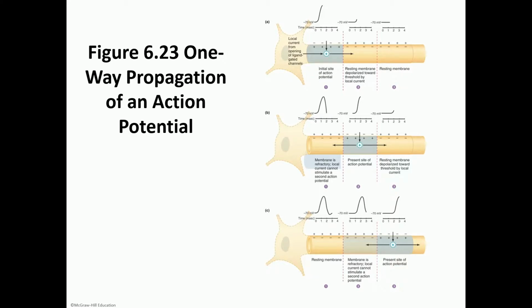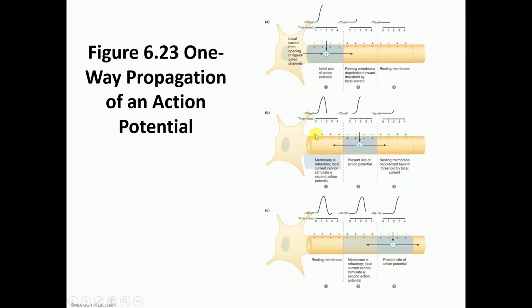So if you take a look at these three sections, A, B, and C, or 1, 2, 3, in area number 1, this is where the action potential will start, and then it will spread to area number 2. Area number 2 can either go back to 1 or go down to number 3.